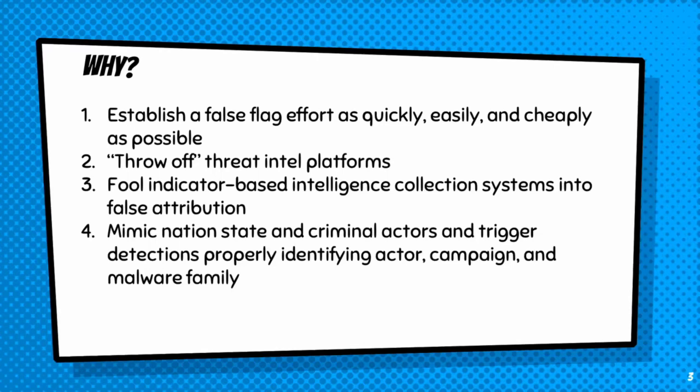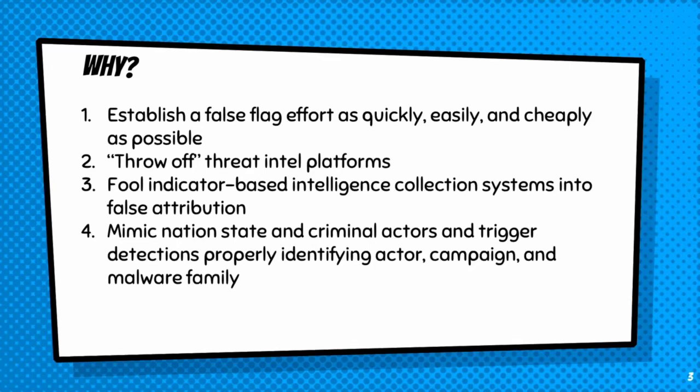I also wanted to fool indicator-based intelligence collection systems. So systems that will automatically attempt to classify indicators, I wanted to fool those. I wanted to see, can I make these indicator systems believe that I'm actually submitting binaries by APT23, for instance? And then finally, the biggest part of this is I wanted to mimic nation-state actor groups as well as criminal actor groups.